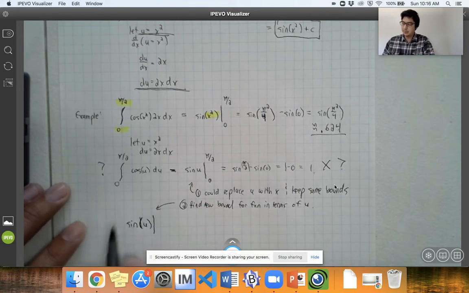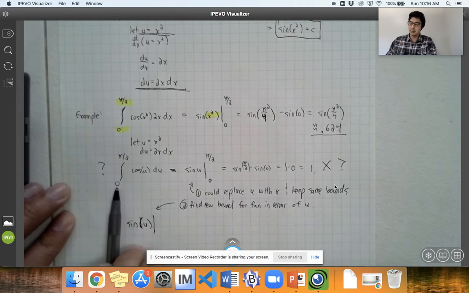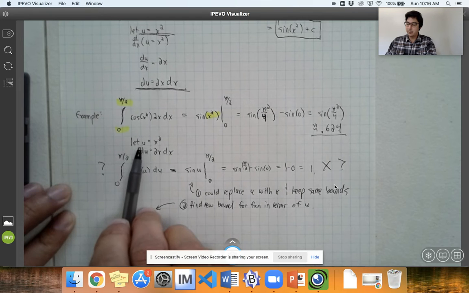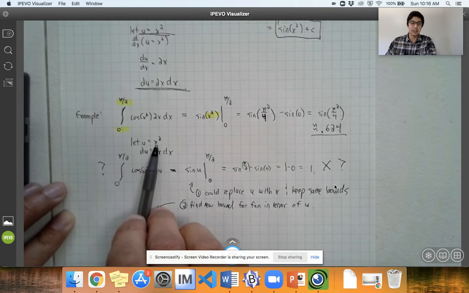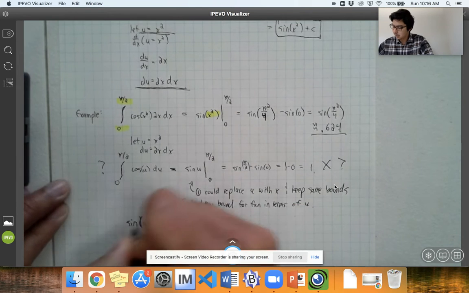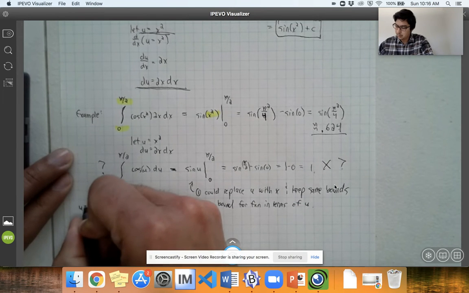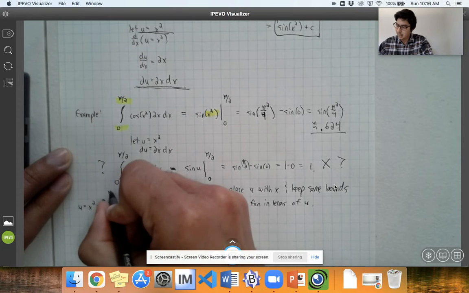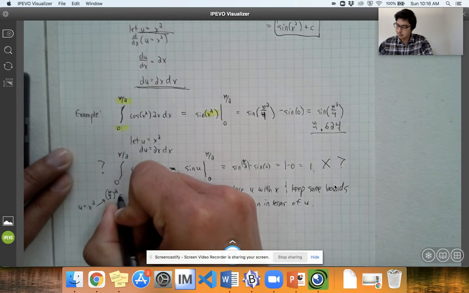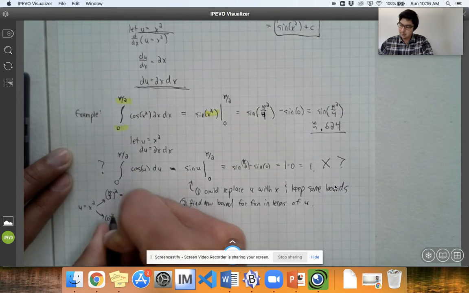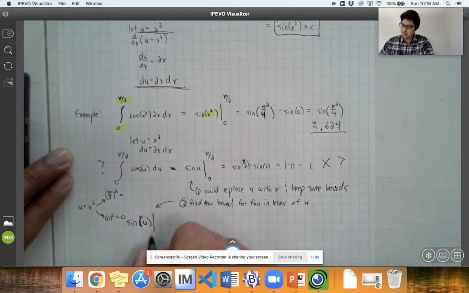Now we don't want to go from 0 to pi halves, because those were the bounds for our function in terms of x. What are they in terms of u? We would have to plug these into the function u equals x squared to figure out what those bounds are. We have to figure out what this is when it's pi over 2 squared, what's that new upper bound in terms of u, and then for 0, what's going to be the bound? So 0 is going to stay the same.